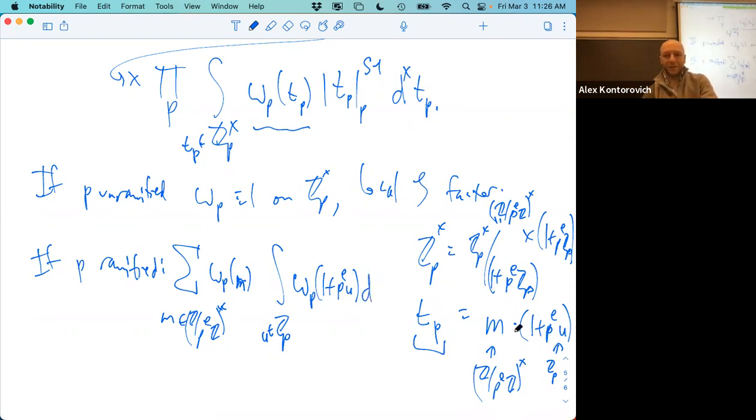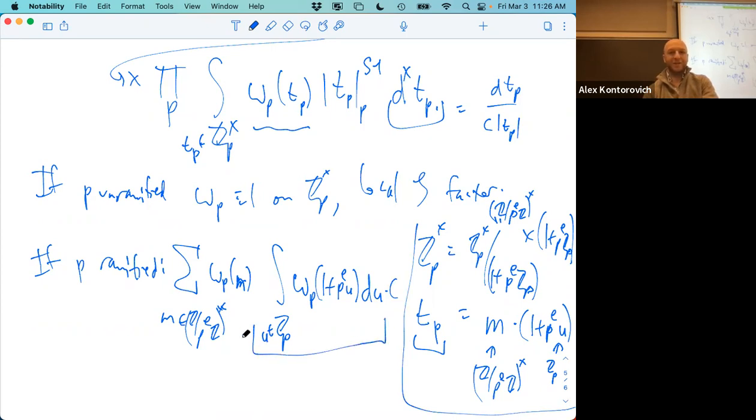Now d star M is just a finite sum. D star U is, well, what is d star? D star is dtp over absolute value of tp times some constant. But the absolute value of tp is also still 1. So this is just dtp, so dtp is dU times some constant. Okay. The point is this splits off from this.